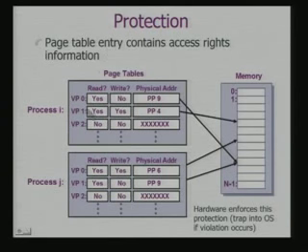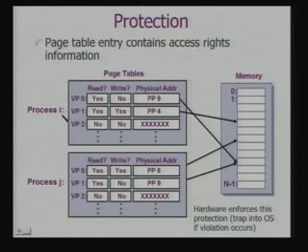So, pictorially it looks like this: this is process I and this is process J. Each of these processes has its own virtual page table. Now, what we have shown here is a kind of permission information. It can be much more elaborate, but here it shows read and write.